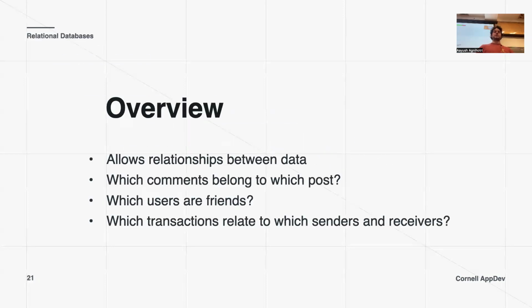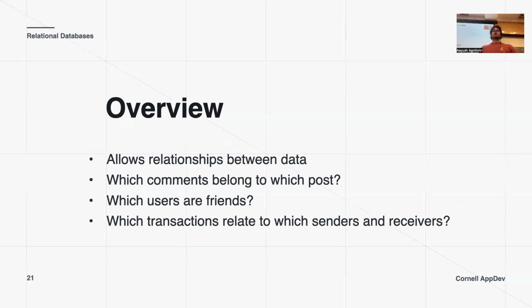These databases allow different relationships between data. If you remember in PA1, you could have several comments for one post, right? But the way we were implementing it, we had these 2 dictionaries, and it wasn't a very efficient way of relating these 2 things. So in general, relational databases allow us to relate comments to different posts.